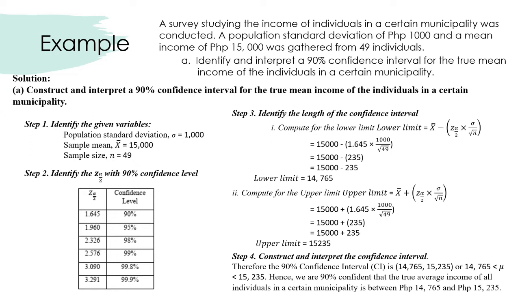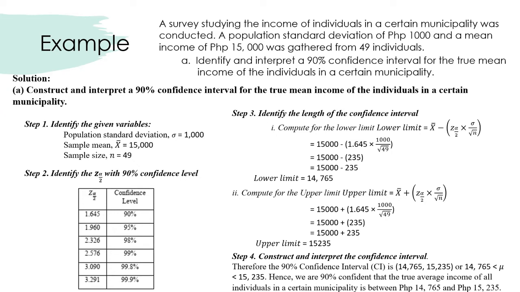We will now have 15,000 minus 235. So, 15,000 minus 235, we will now have our lower limit, that is 14,765. Okay.